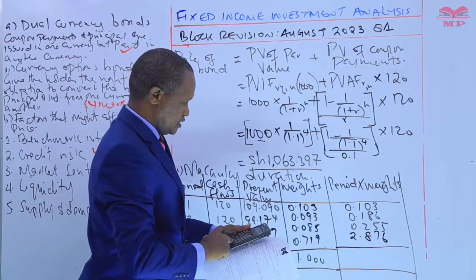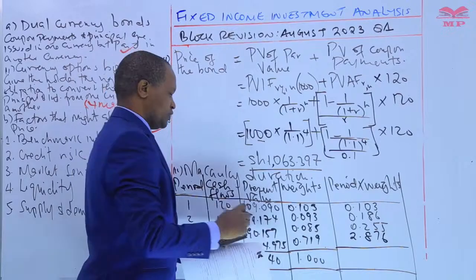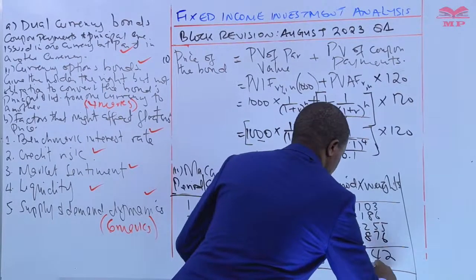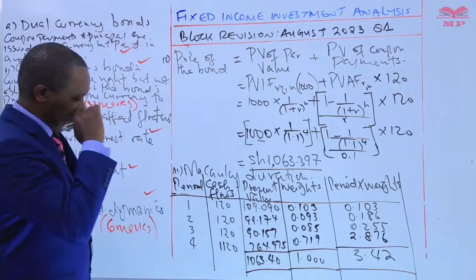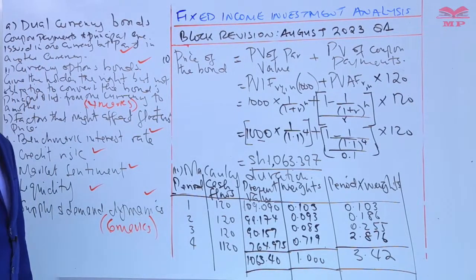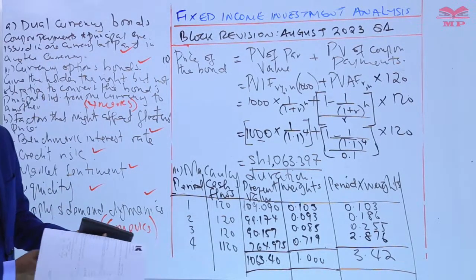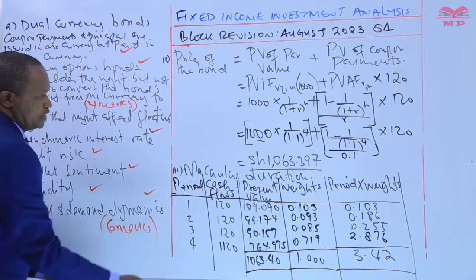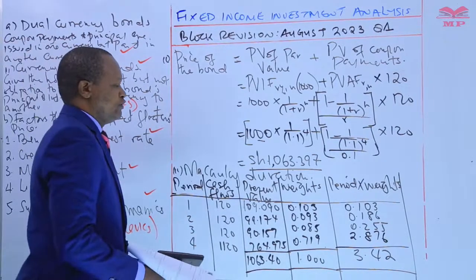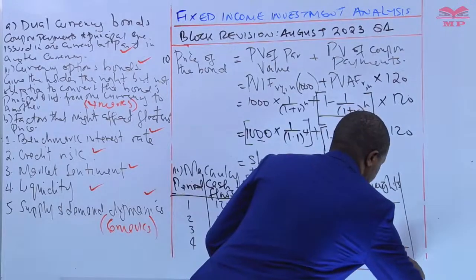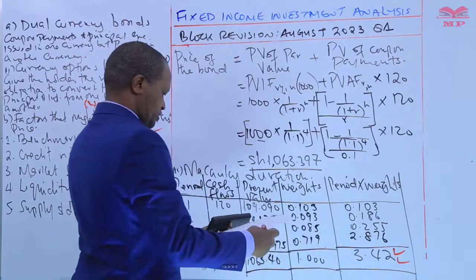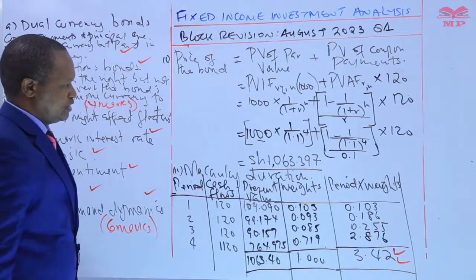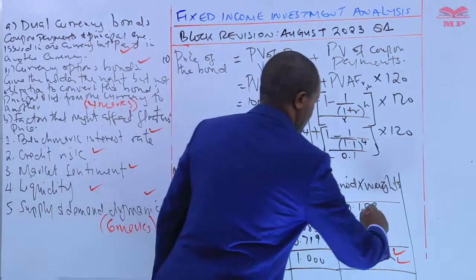After that, we'll add this product of period and weight to get the Macaulay duration. So the answer here is 3.42. 3.42 is the Macaulay duration. So how many marks? These are just 2 marks. Can you imagine? Just 2 marks because it is simple.